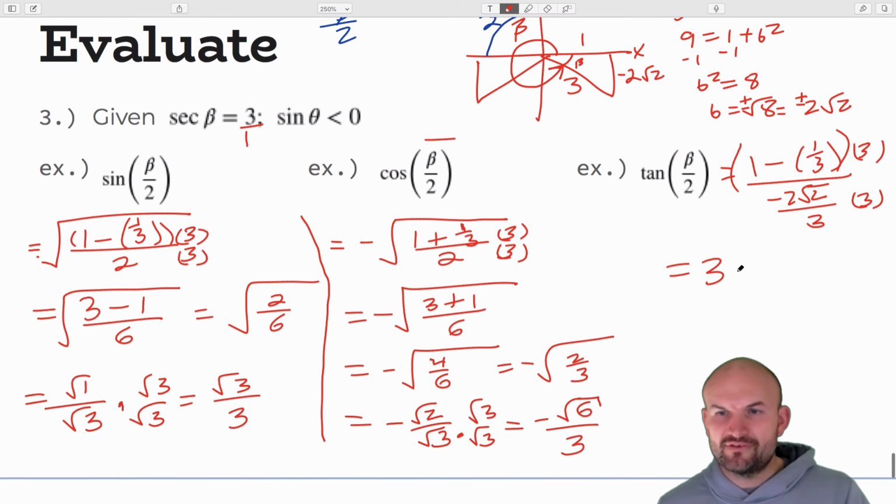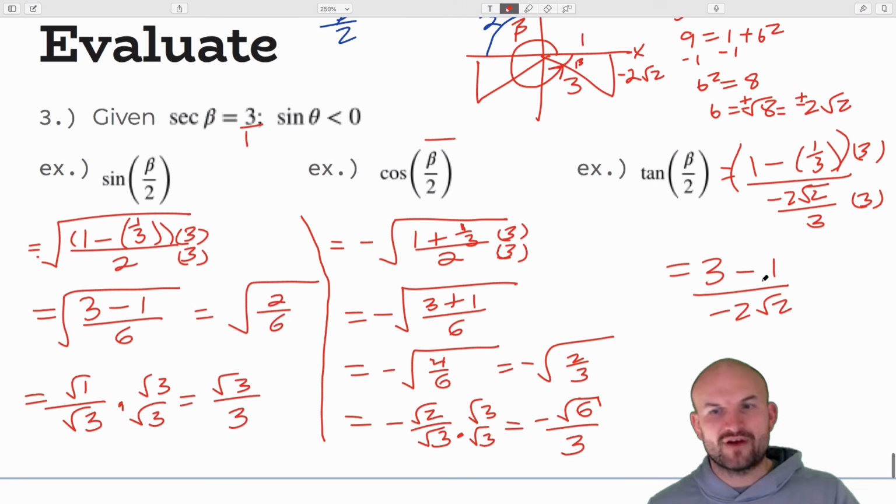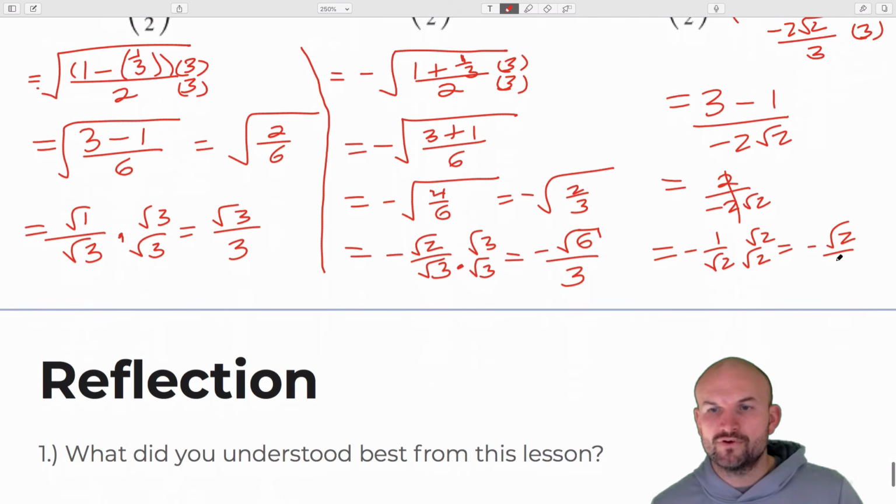By doing that, I have a 3 minus a 1 all over a negative 2 square root of 2. At least I got rid of the fractions here, and that becomes a 2, obviously. So you can say 2 over negative 2 square root of 2. Those can simplify to a negative 1 over square root of 2. And now I can rationalize the denominator to give me a negative square root of 2 over 2.